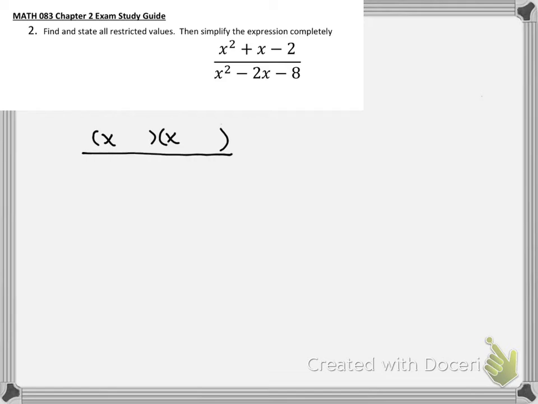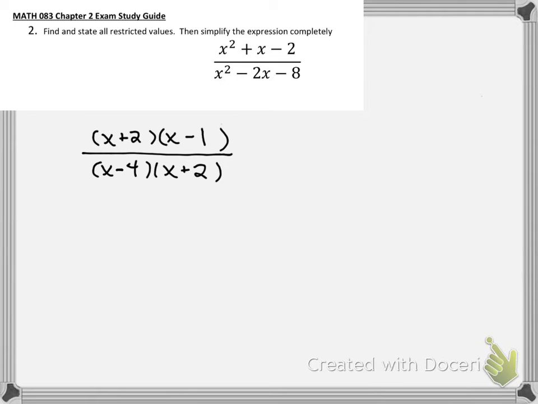So we're going to have something that looks like that in the numerator and something else that looks like this in the denominator. In the numerator, I believe you get x plus 2 times the quantity x minus 1. And in the denominator, you're going to end up with x minus 4 times x plus 2. Remember, you can always FOIL those and fact check yourself and make sure that they are factored correctly.